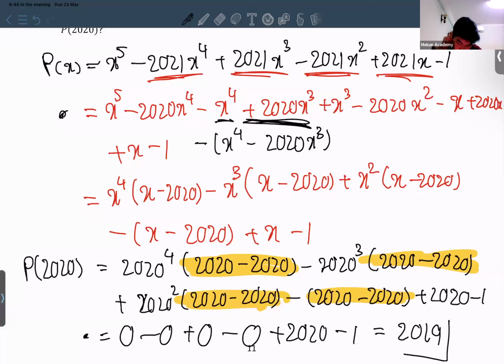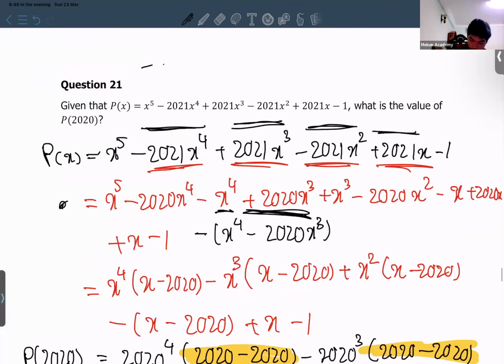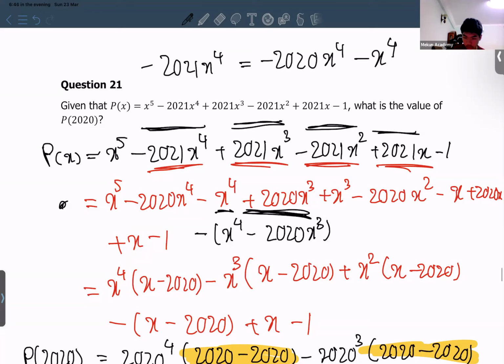Okay, so like I said, you have the equation there. So you need to separate the negative 2021x to the power 4, so you need to spread this one and this one. So negative 2021x to the power 4 equals to negative 2020x to the power 4 minus x to the power 4.